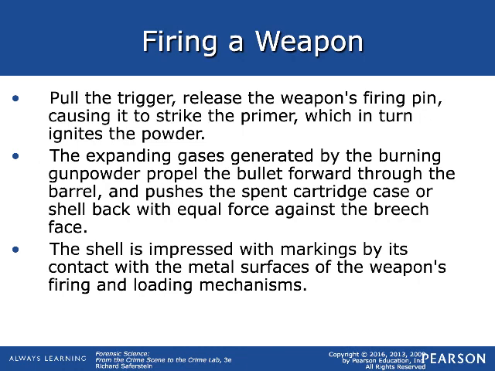The expanding gases generated by the burning powder propel the bullet forward through the barrel, and it pushes the spent cartridge case, or the shell, back with an equal force, and it goes back against a part of the gun called the breech face. The shell is going to have markings on it from its contact with all the metal surfaces: the firing pin, the loading mechanisms, the breech face.